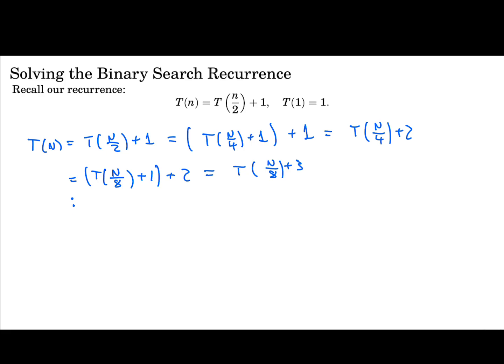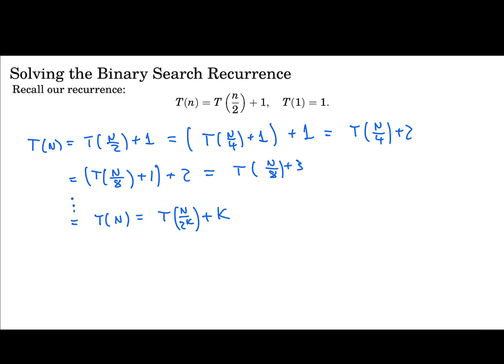And if you continue to do this, you should get something like t of n equals t of n over 2 to the k plus k, if you do this k number of times, right? The idea is that if n is a power of 2, you'll eventually do this until you get t of 1, and we know that t of 1 is equal to 1.